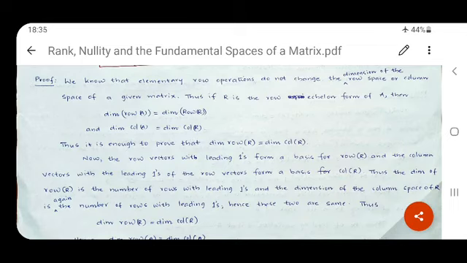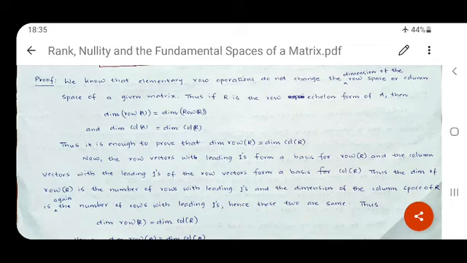The vectors which form a basis for the column space are the columns corresponding to the rows with leading ones, and the column vectors with the leading ones of the row vectors form a basis for the column space of R.